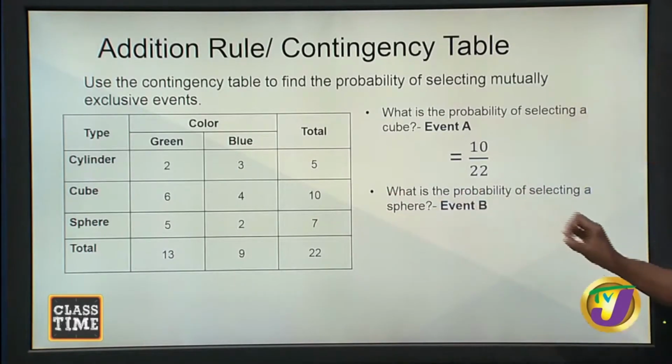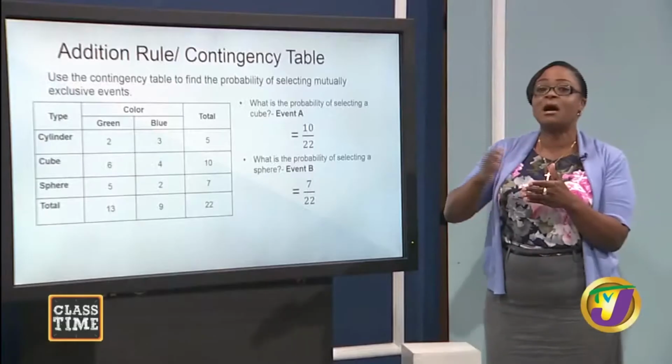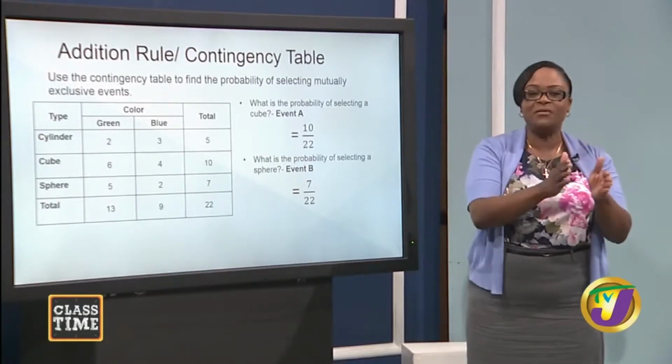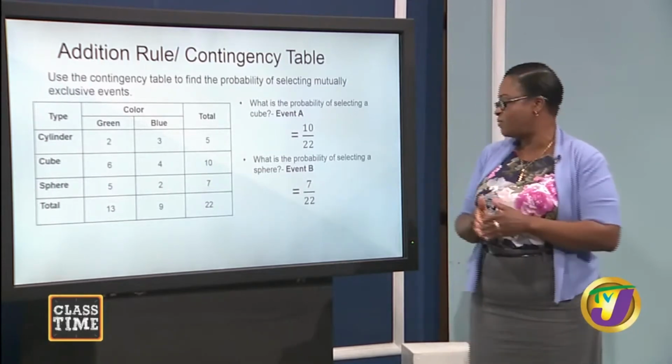That's 7 out of 22. So it is important for us, even as we're finding either or, to first identify the specific events and the probability of finding the specific events.